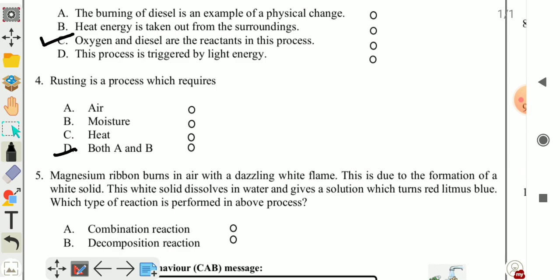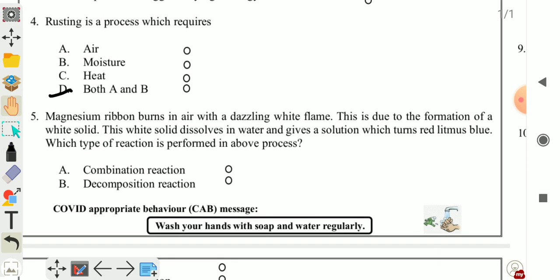Next, question number 5: magnesium ribbon burns in air with a dazzling white flame. This is due to the formation of a white solid. This white solid dissolves in water and gives a solution which turns red litmus blue. Which type of reaction is performed in the above process? You have to write the type of chemical reaction.